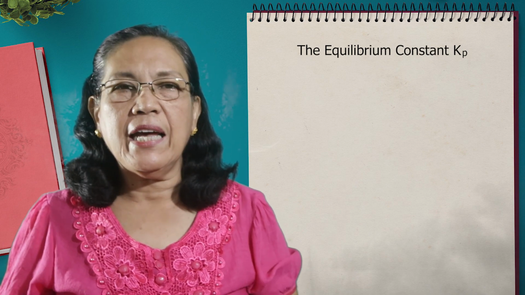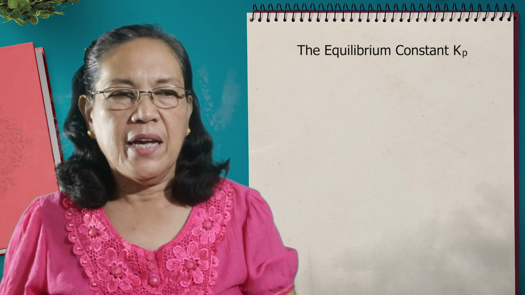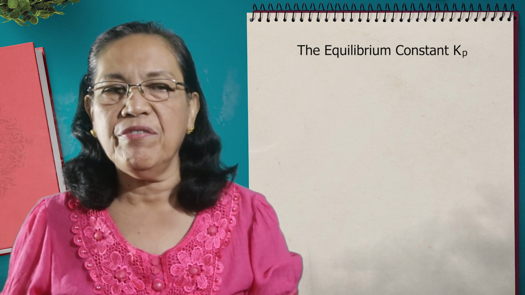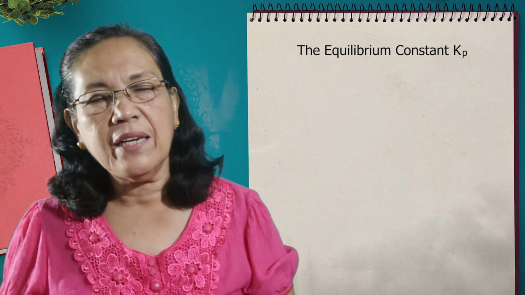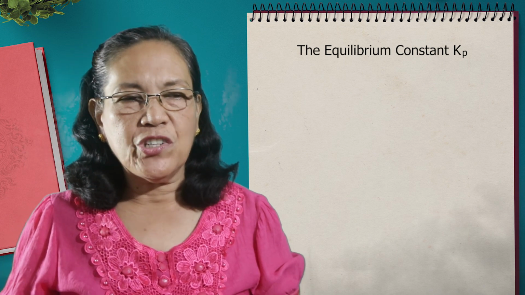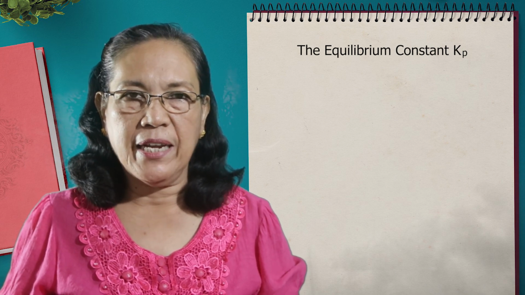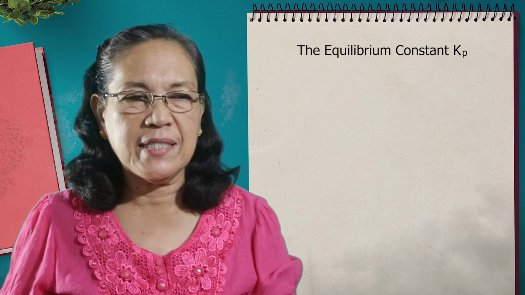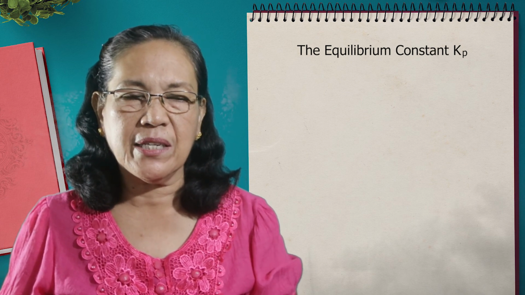So we can let delta n, or the change in number of moles, equal the change in the number of moles of gases in the equation. Delta n will represent the change in number of moles of the products, that is y plus z, minus w plus x.